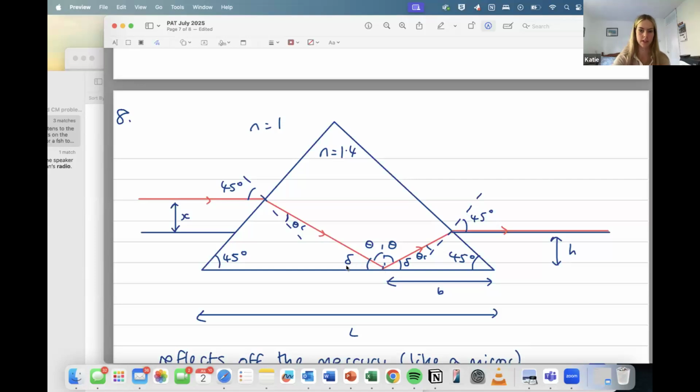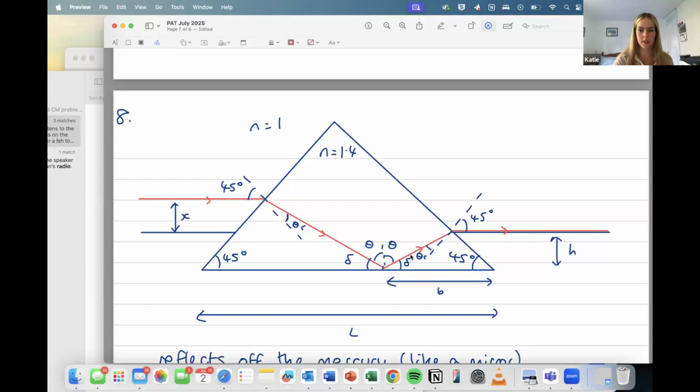So I'm just calling these angles delta and theta. And then it reaches this point again. So I've just drawn the diagram for the limiting case, the extreme case of when it just comes off at a height h, because we want the minimum height it has to enter. So I've just drawn my ray coming out slightly above, basically on the level of the Mercury.